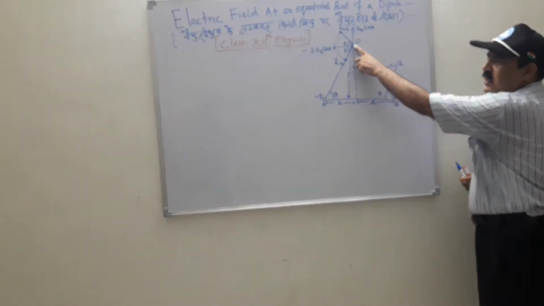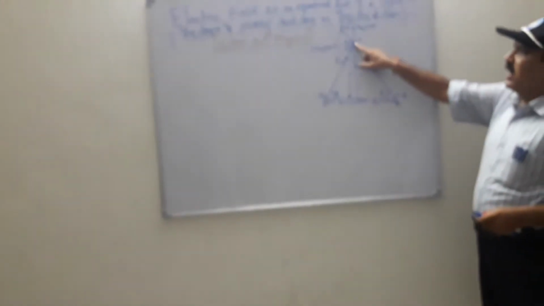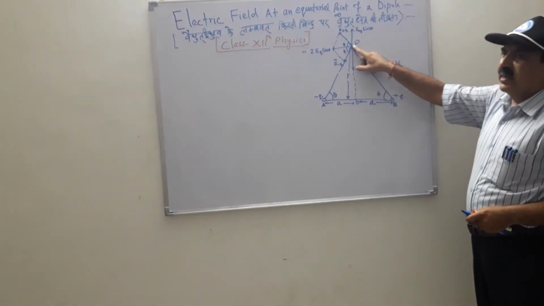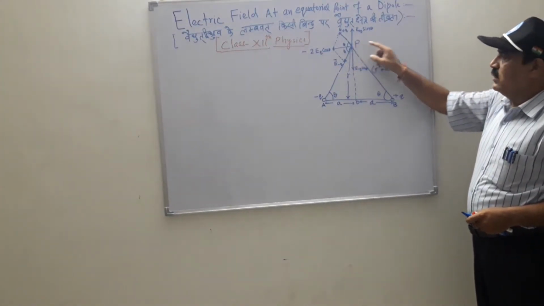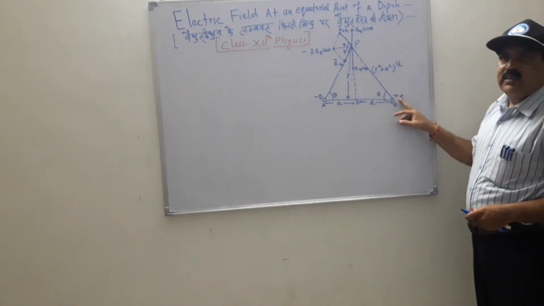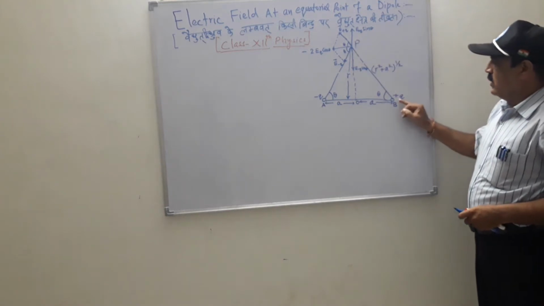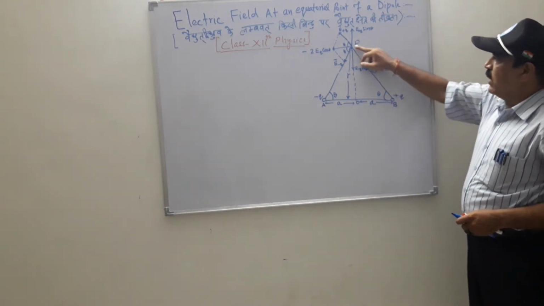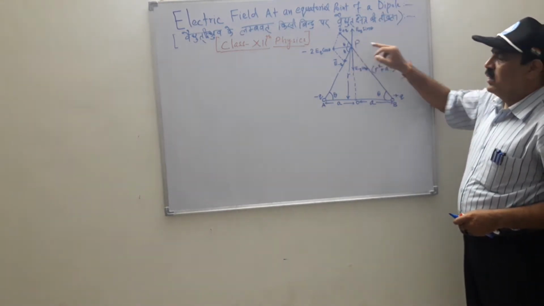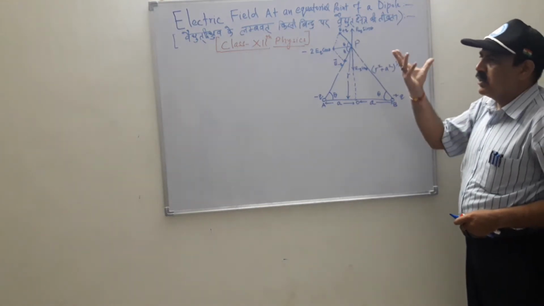At point P, consider a unit positive test charge. Since this is positive charge Q and this is a unit positive charge, at this point it will feel a force of repulsion.